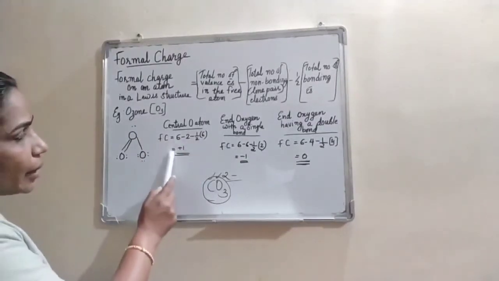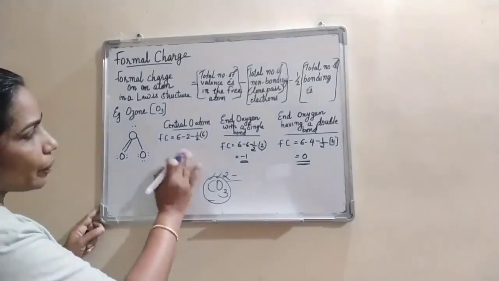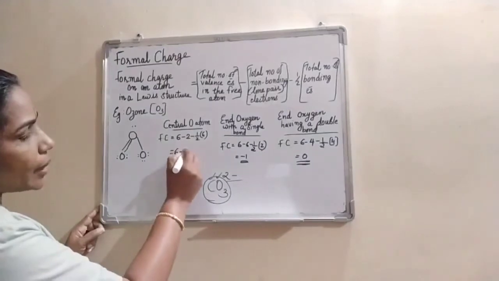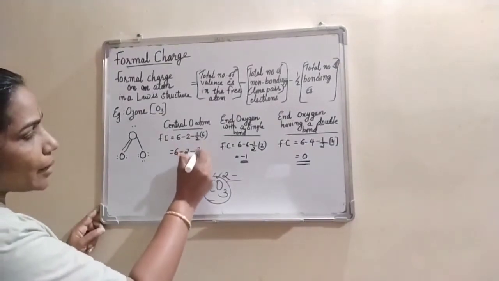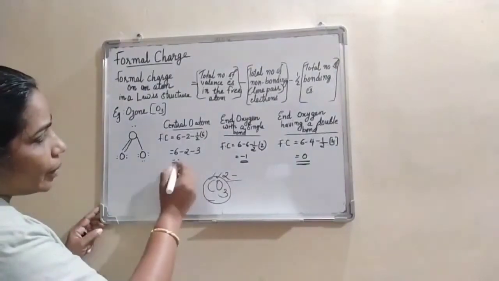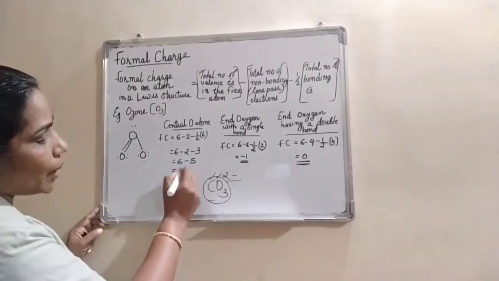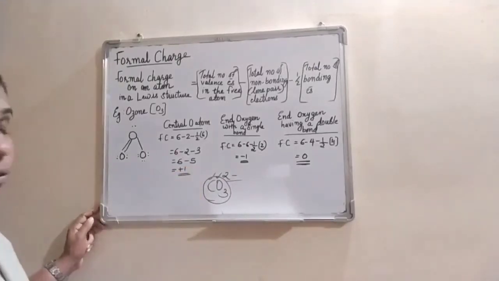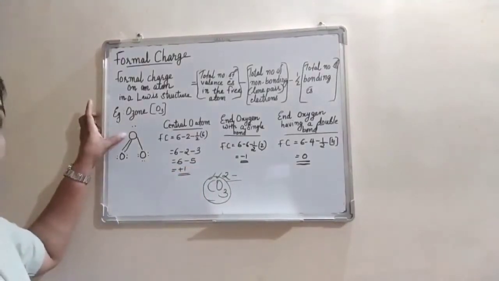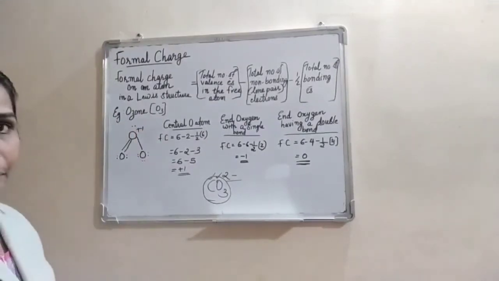Then it is equal to 6 minus 2 minus 3, isn't it? Then 6 minus 5 is equal to plus 1. Then the formal charge on this central oxygen atom is plus 1.